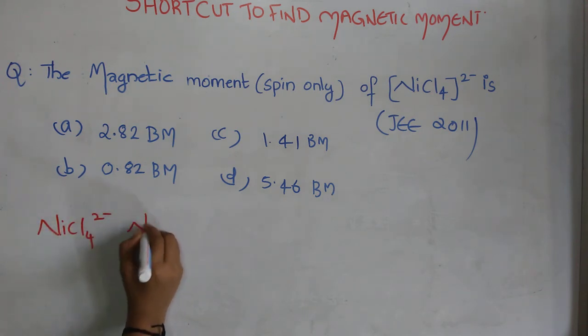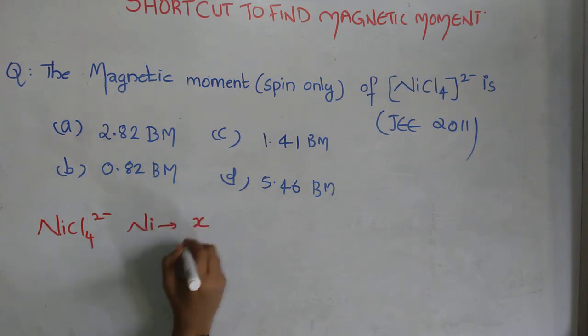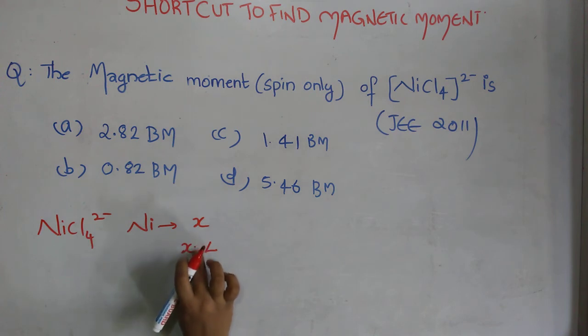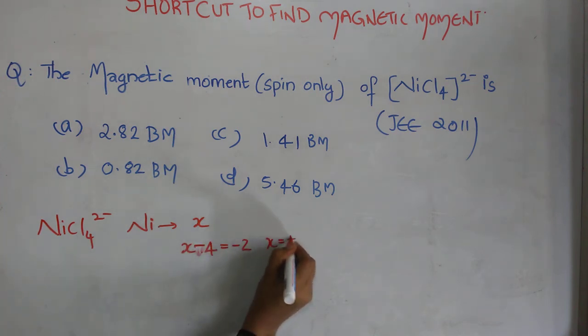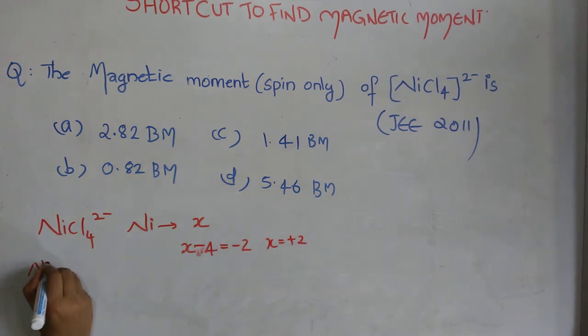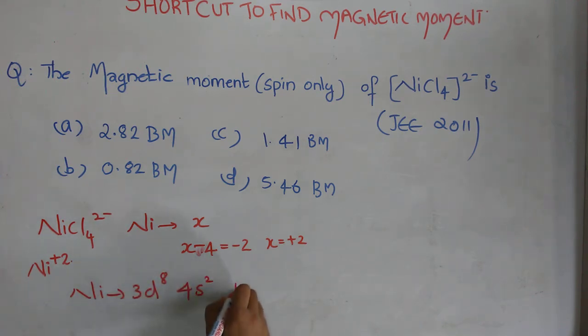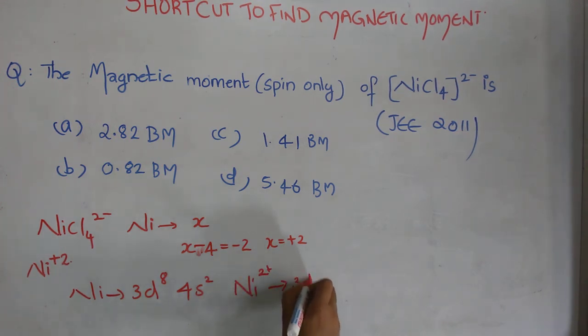So the oxidation state of Ni, consider it as X, then X minus 4 will be equal to minus 2 and X will be plus 2. Therefore, Ni will be in the plus 2 state. So nickel usually is 3d8 4s2. So Ni 2 plus will be 3d8.